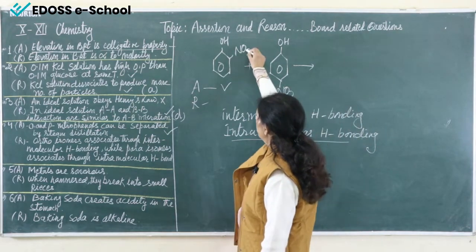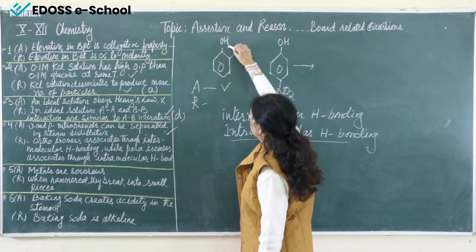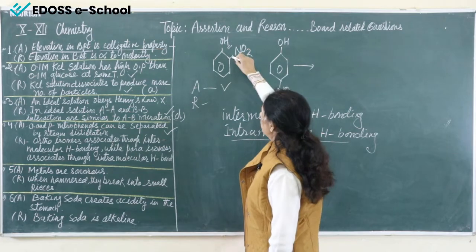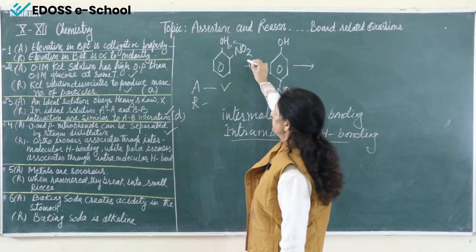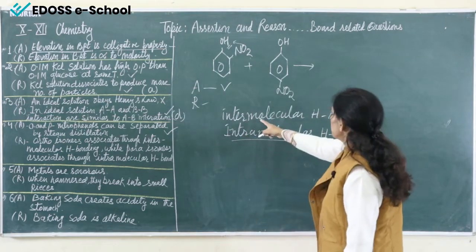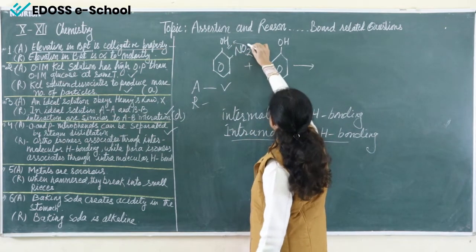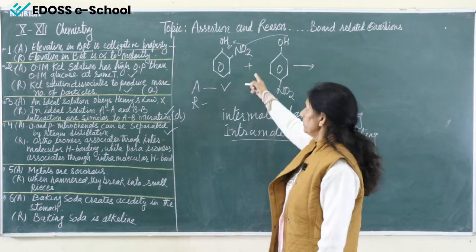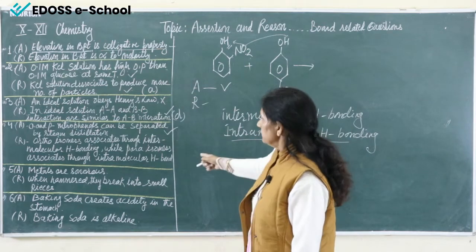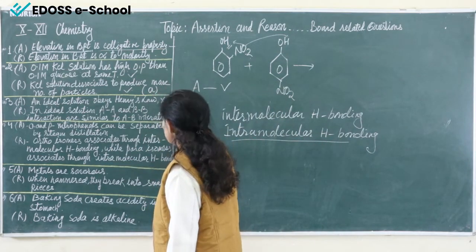Okay, this NO2 and the H of this phenol and the O from here are connected. And intermolecular means this type of connection. Okay, so this is not right. Here we can say that this statement is not correct. Why?